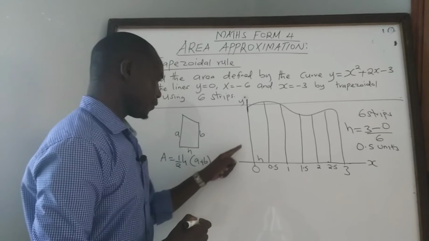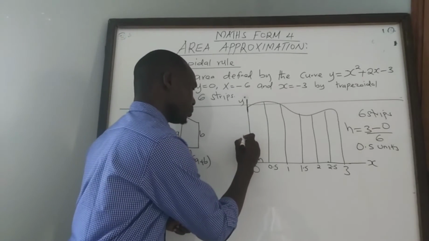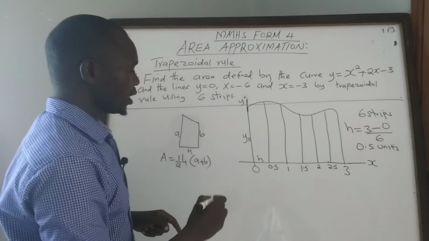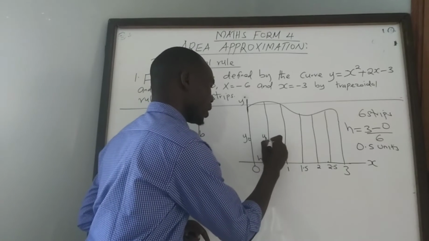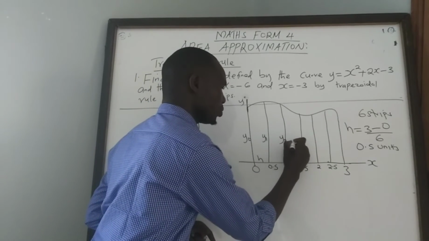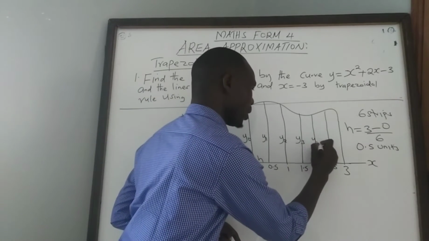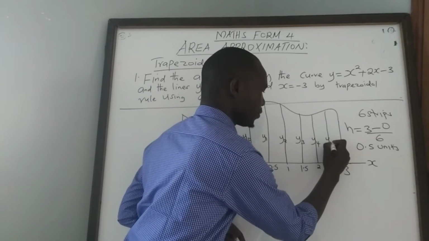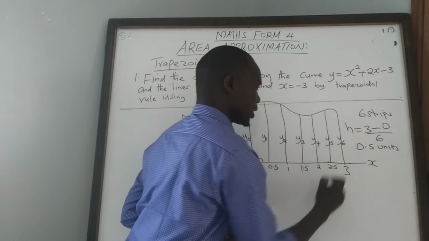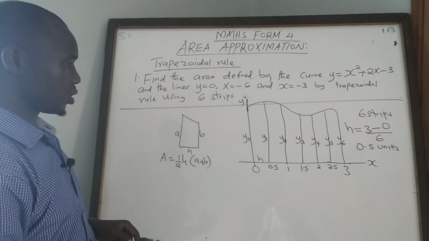That is, the first strip here, we are going to label it y0. Then the second one is going to be y1. This one is y2. This one is y3. Then we have our y4, y5. Then the last one will be y6, since we have 6 strips.